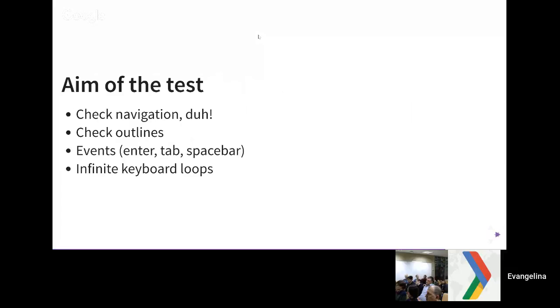And it might sound really silly, but when we use our website with a mouse or with a trackpad, it is really easy to find the close button and just click it. But when you use the keyboard to navigate it and there is an error or a mistake in our code, we can suddenly be in these infinite keyboard loops that we wouldn't be able to see unless we do this test.